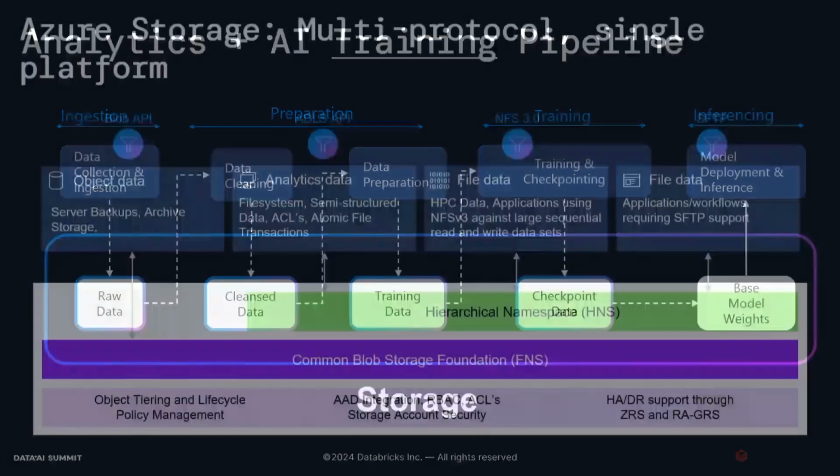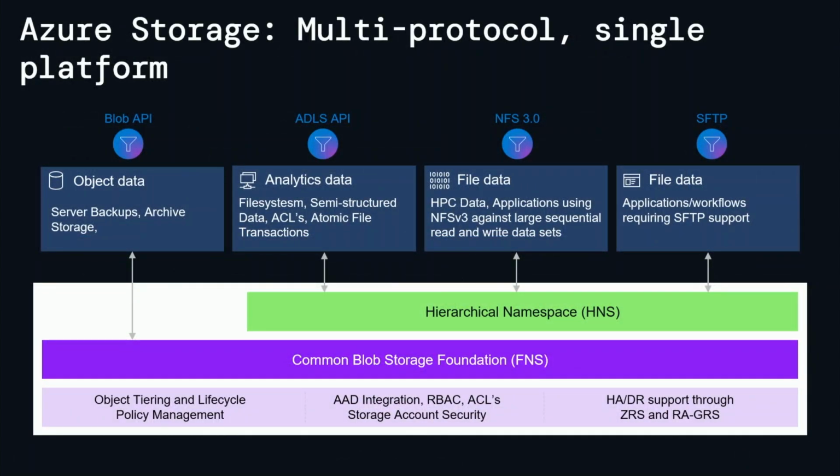Absolutely. So let's talk a little bit about storage, or specifically Azure Storage. We have many protocols that we support. Blob storage kind of serves as the foundation, right? Then, on the left-hand side, you've got the blob API. That's been around since the beginning. And about 6 or 7 years ago, we GA'd ADLS Gen 2, but now we just call it ADLS, period, because we deprecated Gen 1.